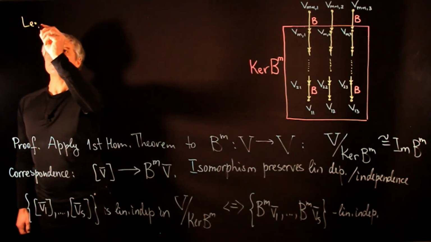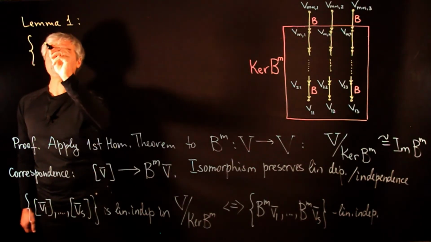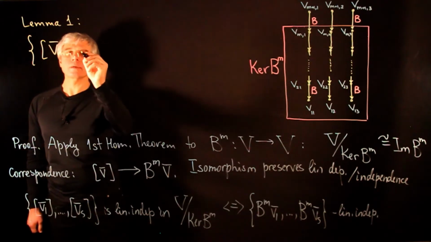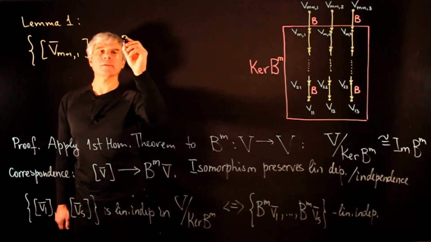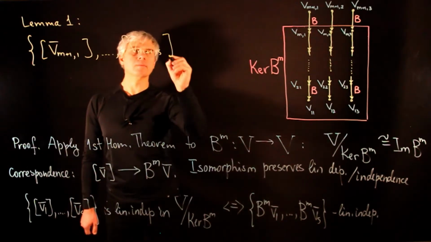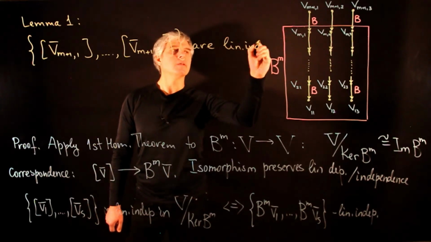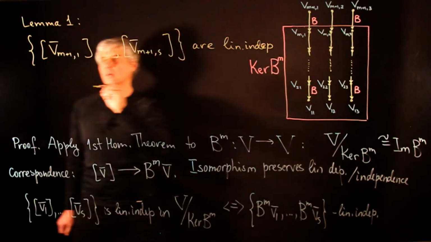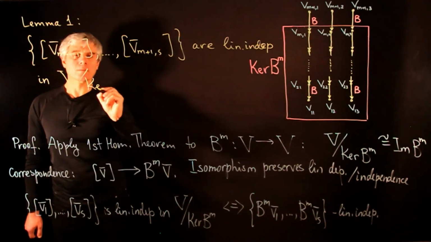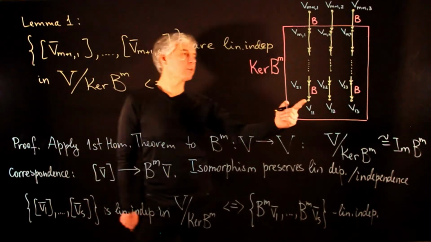Then lemma 1 says that the classes of vectors v m plus 1,1 through v m plus 1,s are linearly independent in the quotient space if and only if the vectors at the bottom are.